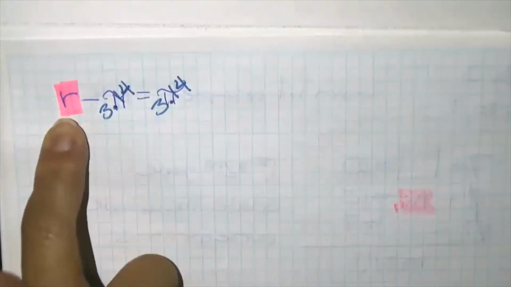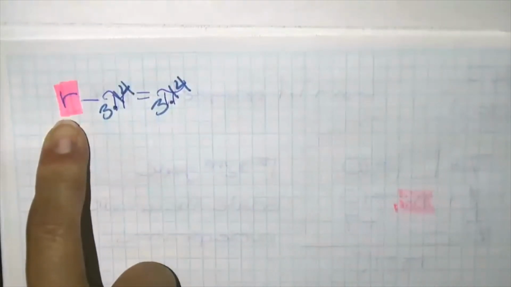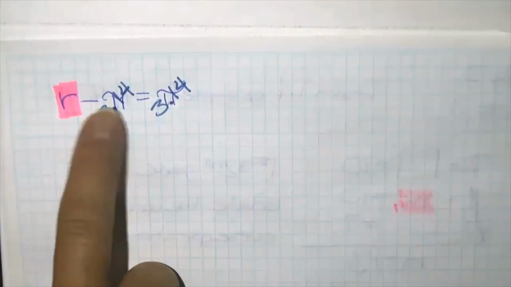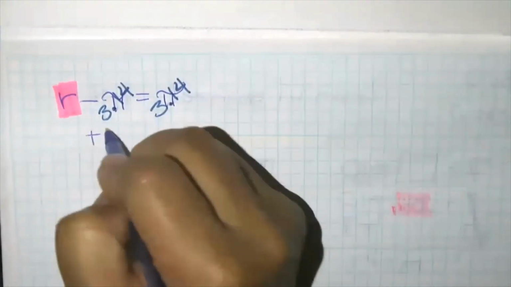So now this is the same rules. We want to isolate the variable, get R by itself. So I need to get rid of this negative pi. How do I get rid of negative pi? Besides eating it, I'm gonna add pi. Add as in positive.